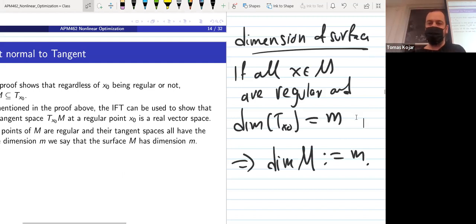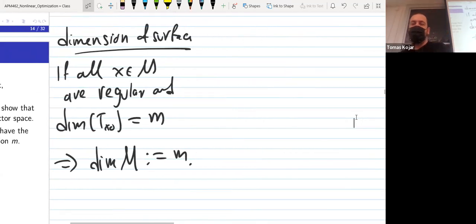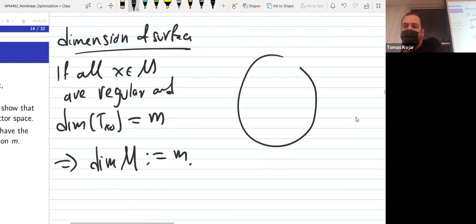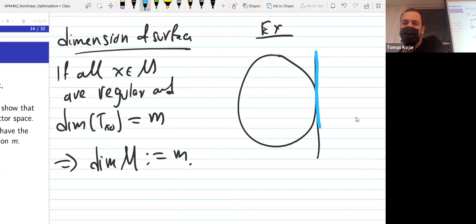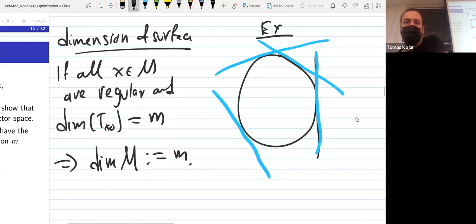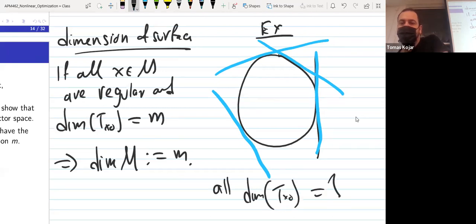The example is the one we just did. Take the unit circle, and at every point you have the blue line. And all these blue lines have tangent space dimension equal to 1.